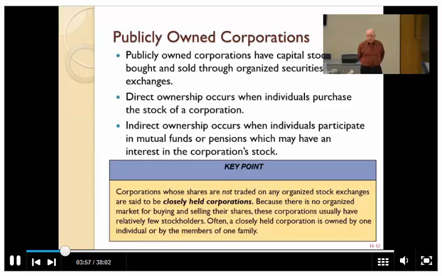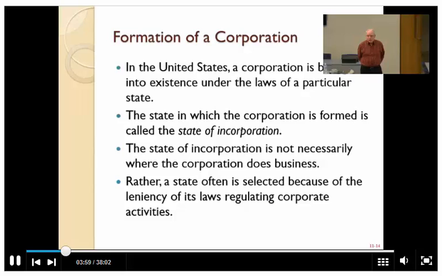Now, in the U.S., you incorporate by choosing a state that you want to incorporate in. And a corporation is treated as if it were a citizen of the state. Okay?